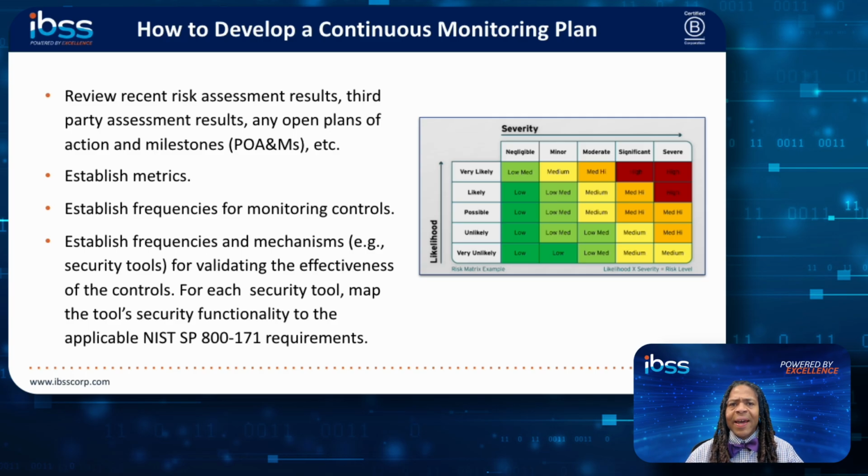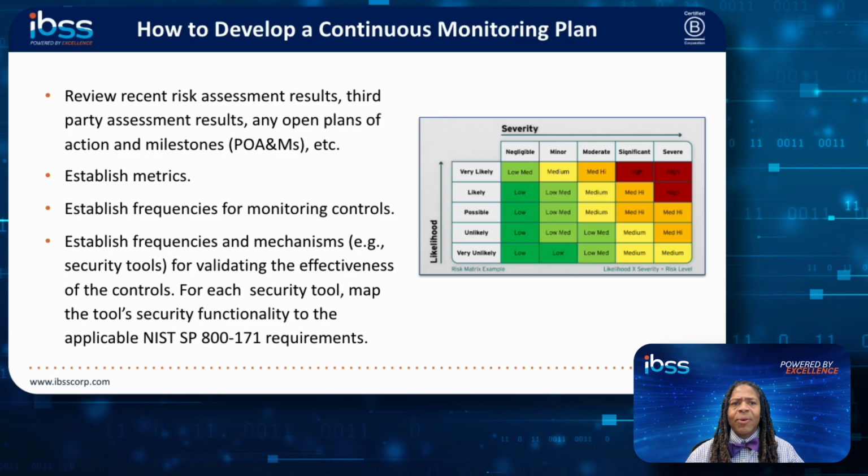And if you did not have an opportunity to view our previous webinar, do take a look at how to develop a smart POAM. So that gives you a few examples of some of the data points to take a look at when developing a continuous monitoring plan.